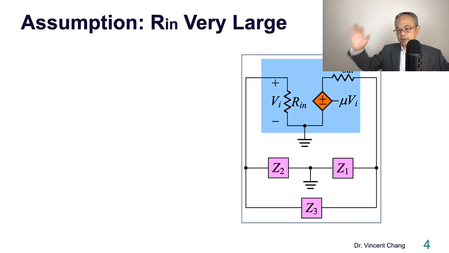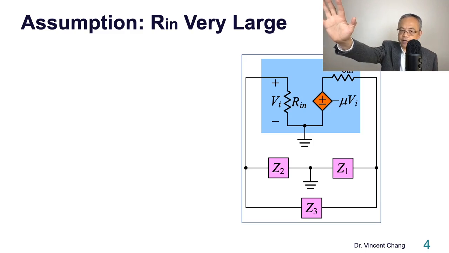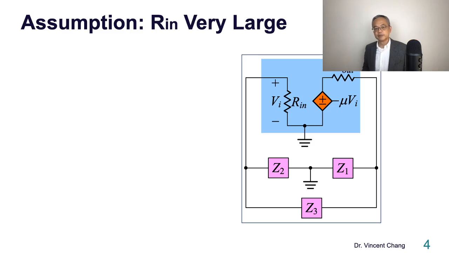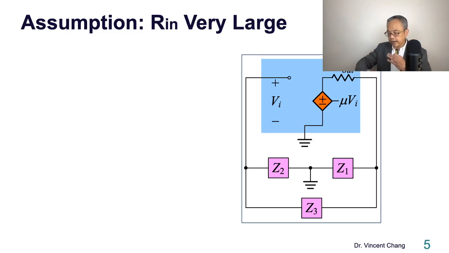So let's assume the Rin of the inverting amplifier is very large. Then, during the calculation of the loop gain, we can neglect the loading effect from the input resistance of the inverting amplifier onto the frequency selective network.